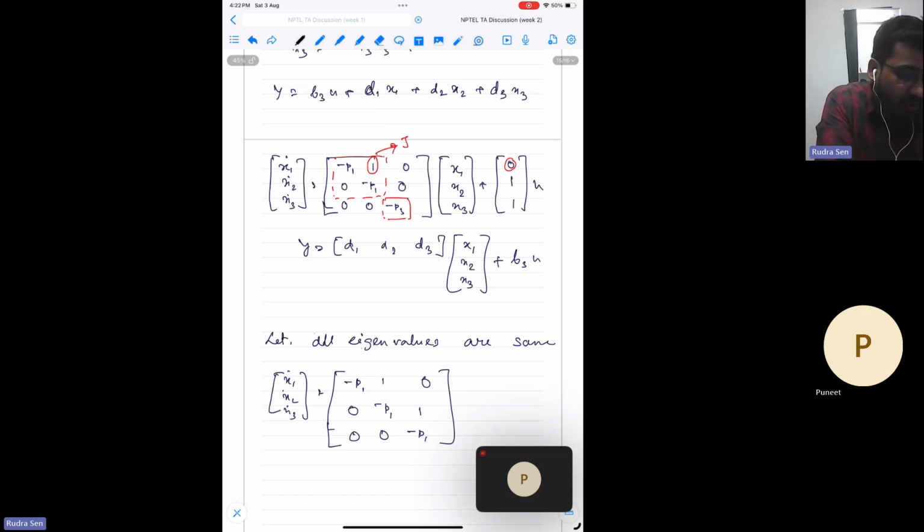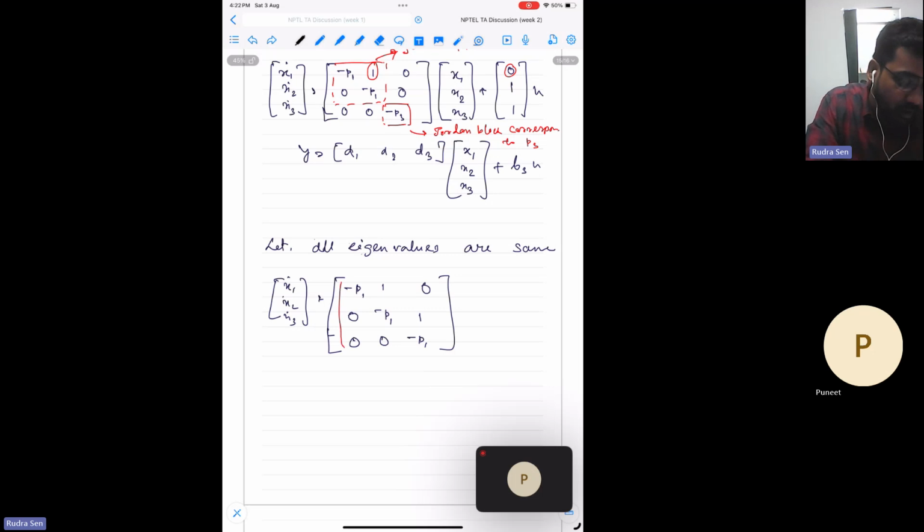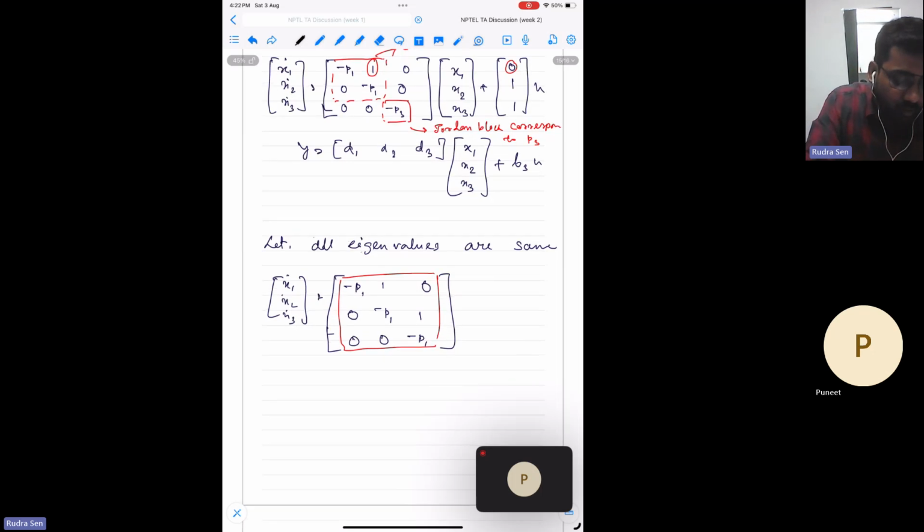This Jordan block corresponds to p1, and this Jordan block corresponds to p3. But in the case where all eigenvalues are the same, there is only one Jordan block. There are not two Jordan blocks, only one, because all the eigenvalues are the same.